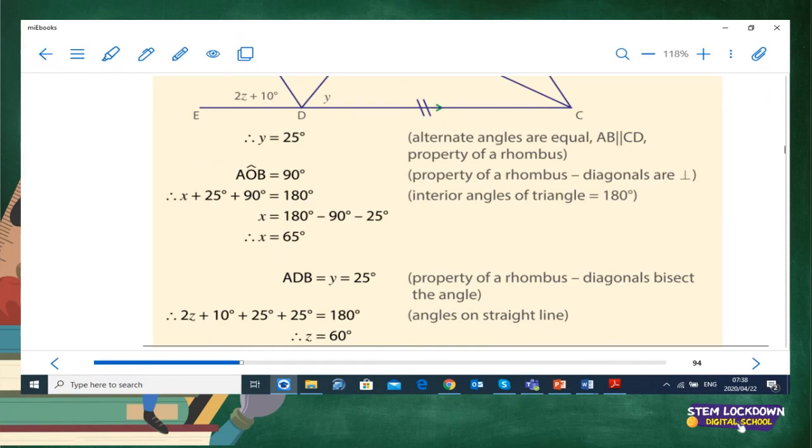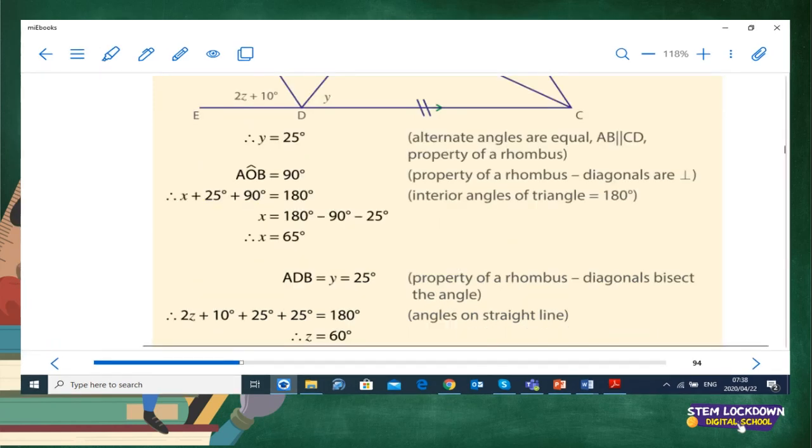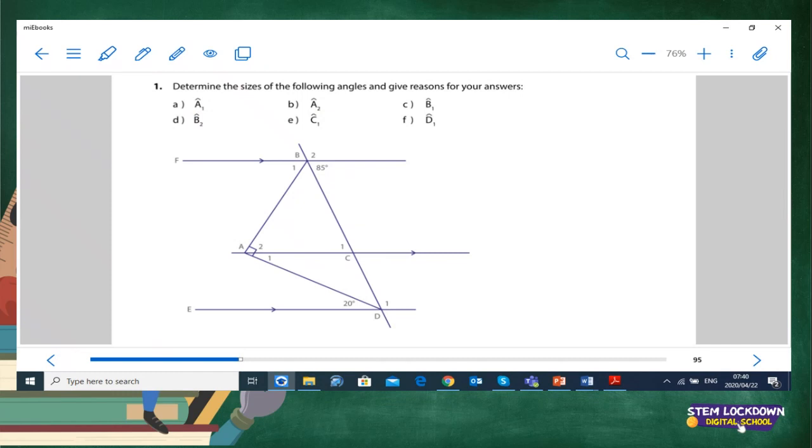Those are angles on a straight line. The angle ADB will also be 25 degrees because the line AB is equal to the line AD. Remember, this is a rhombus. All four sides are equal. Then you can solve for Z, and if you add them together, Z will give you 60 degrees.